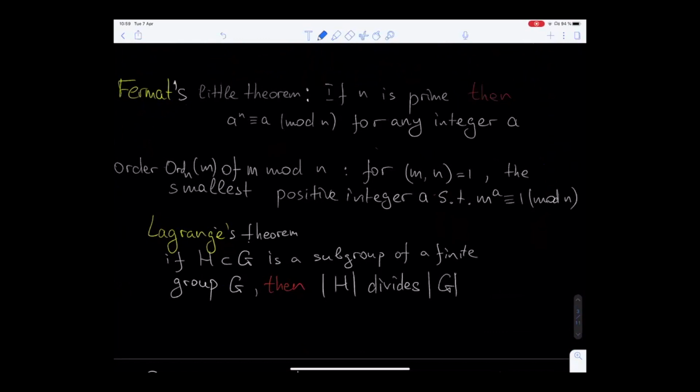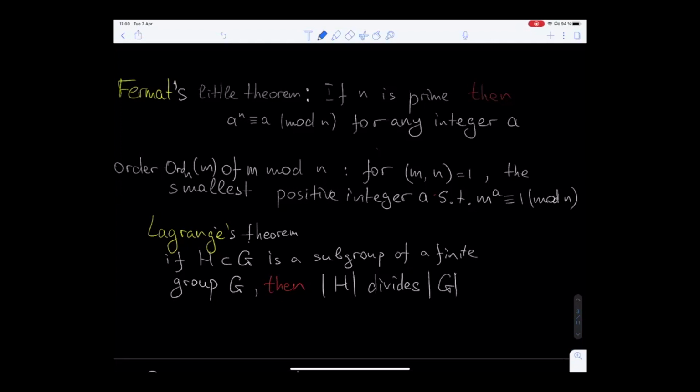If n is prime, then a to the n is congruent to a modulo n for any integer a. In particular, if a is non-zero, then a to the n minus 1 is congruent to 1 modulo n.